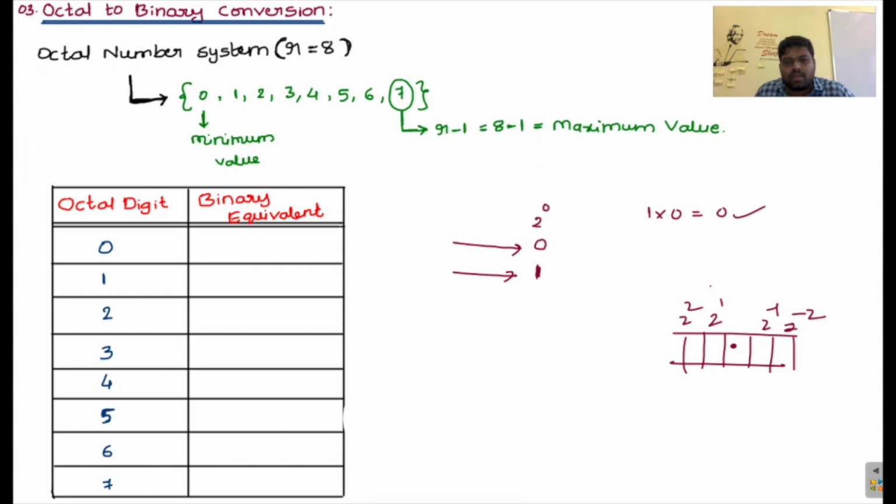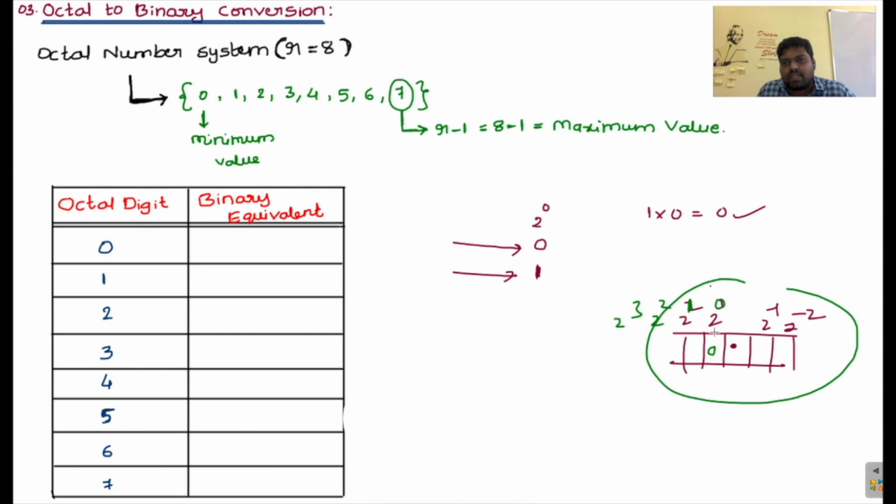This is your representation. So now here, there is no fractional portion, right. So direct integer. So this is the first box: 2 power 0, then 2 power 1, 2 power 2 and 2 power 3 like that, okay.